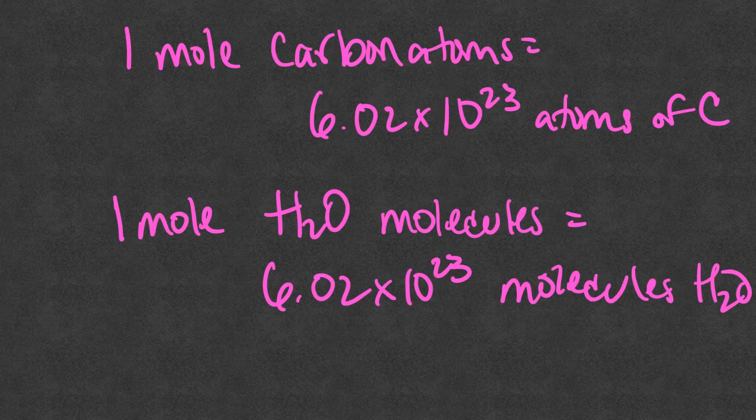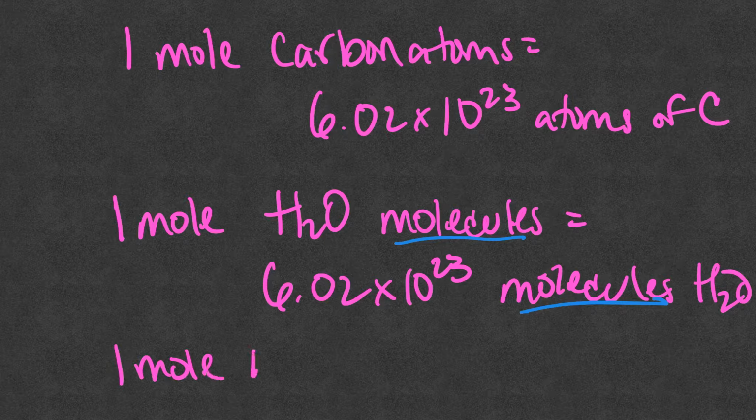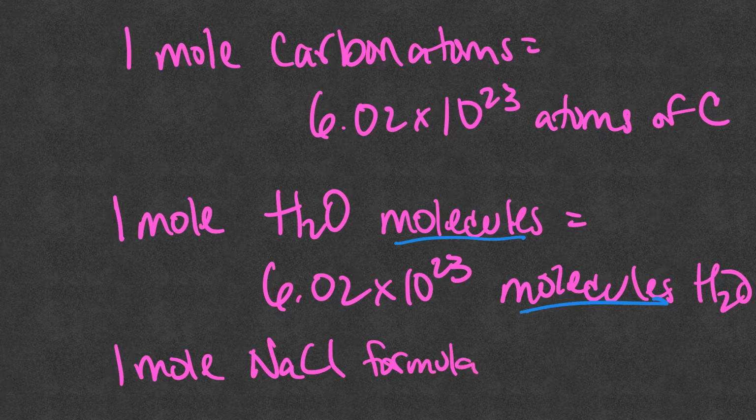Just to define a couple of terms here. Anytime we use the term molecule, we're talking about a covalent compound, so nonmetals joined together in a compound. Or if we have 1 mole of NaCl, compounds that form from a metal and a nonmetal, we call them formula units.